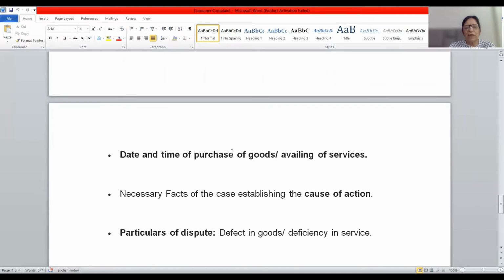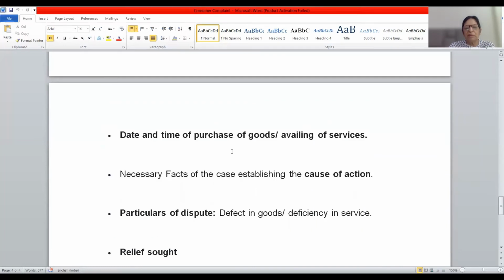Necessary facts of the case establishing the cause of action. What is the cause of action? The details regarding this are to be provided. Particulars of the dispute, defect in goods or deficiency in service: whether goods were defective, what is the ground for complaint. This has to be provided.